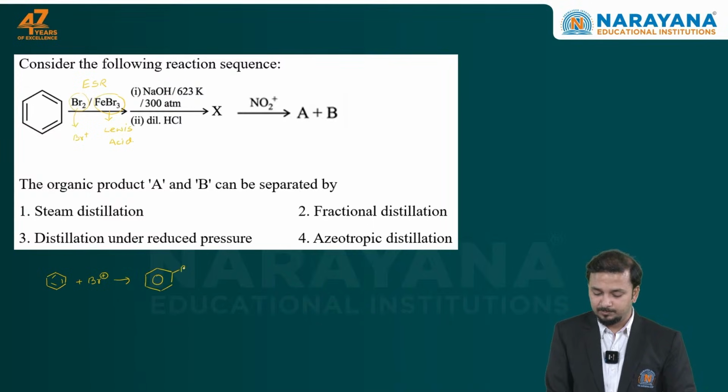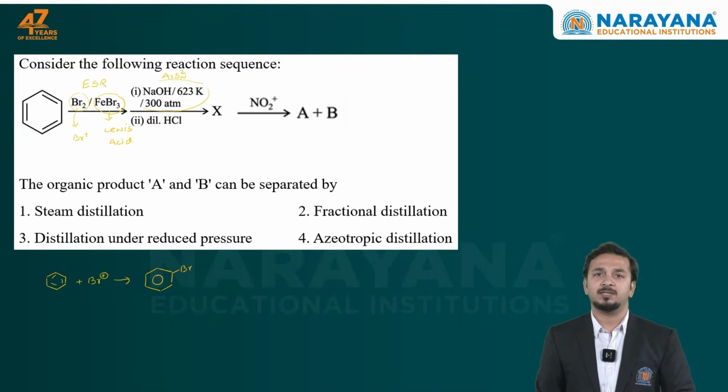This is first. Now this bromobenzene is treated with NaOH at 623 Kelvin and 300 atm pressure. This is ArSN2 reaction, aromatic bimolecular nucleophilic substitution reaction.